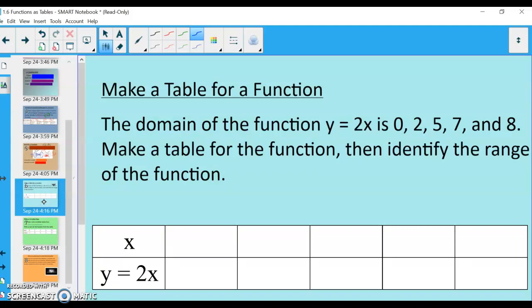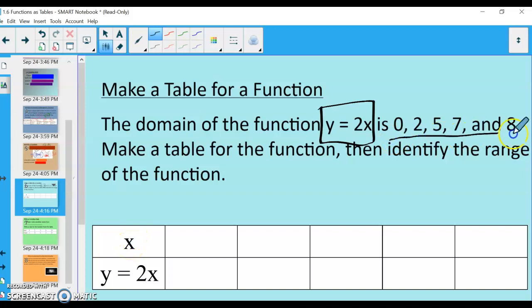We're going to make a table for this function. The domain of the function y equals 2x. So this here is the function. This is what we are going to solve. And it tells us the domain of that function is 0, 2, 5, 7, and 8. Now remember, the domain is the things that go into this function. So those are going to be our x's.